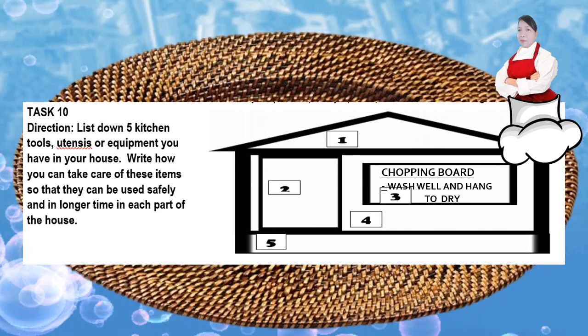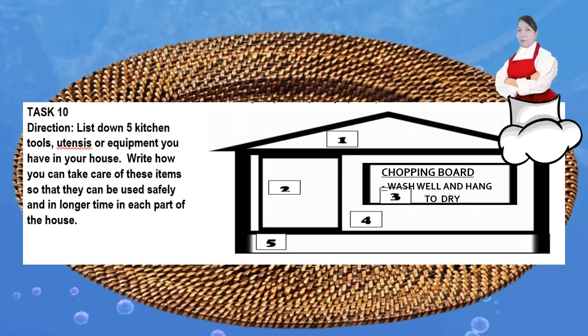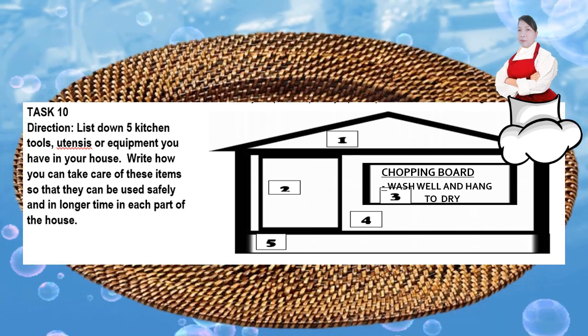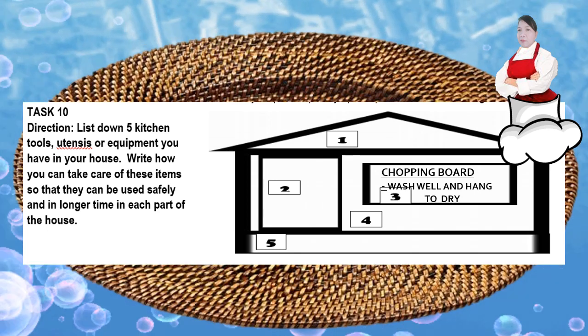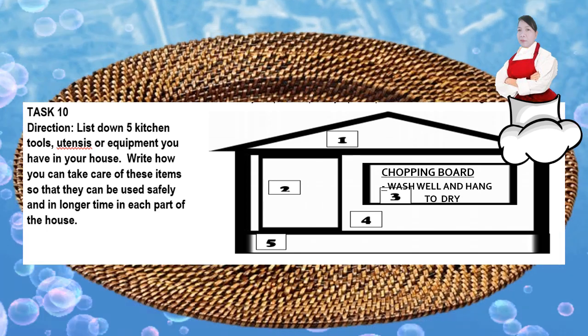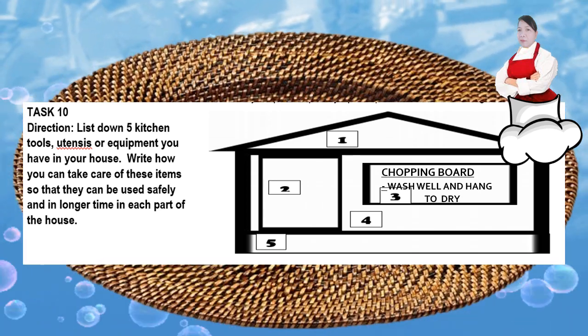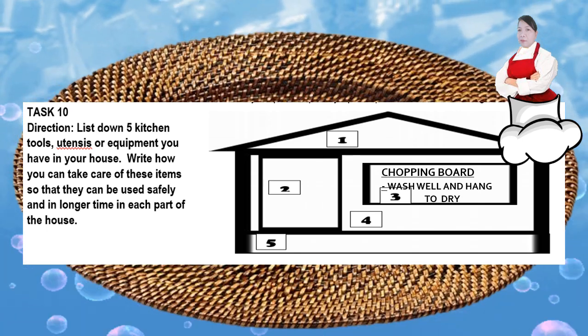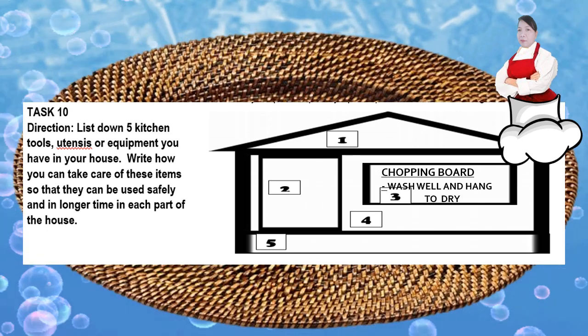Sana naunawaan ang panuto. Again, ang ilalagay nyo lamang ay 5 na meron kayo sa bahay na kitchen tool, utensil, instrument, or equipment.